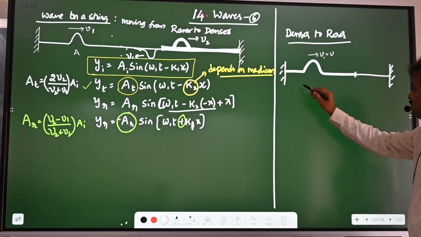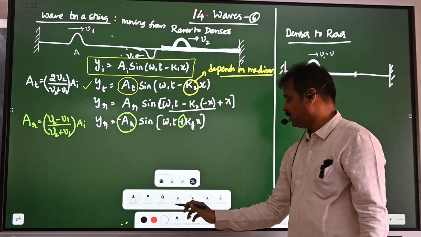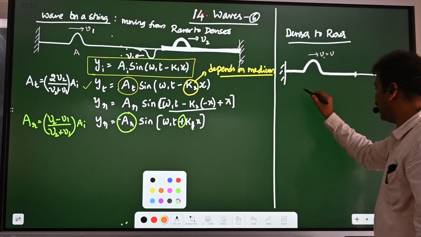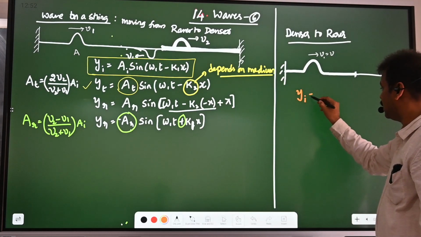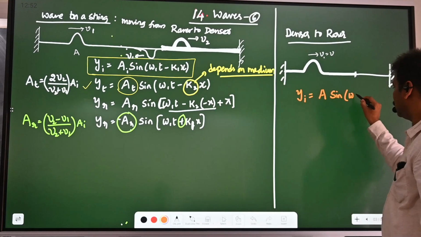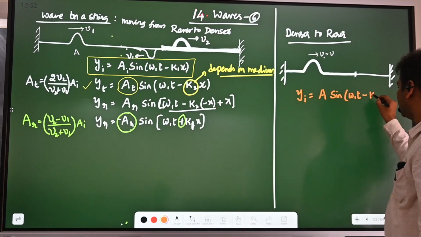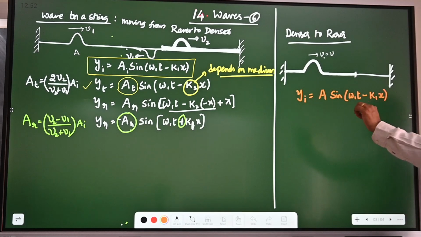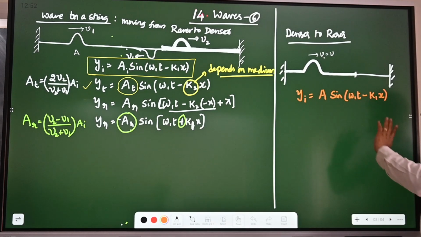Now what is the incident wave? Tell me. What is the displacement of the incident wave? How much? A sin(omega 1 t minus k1 x). This is the displacement of the incident wave.